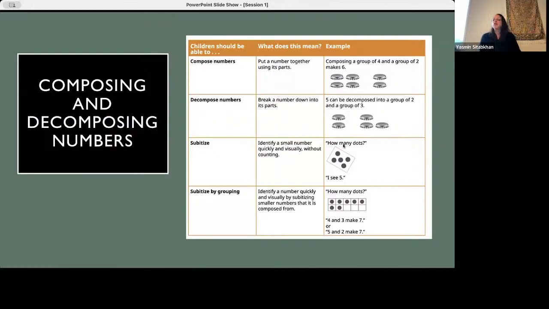So you haven't even introduced the ideas of putting together or taking apart, though kids probably know them. What you're really doing here is you're not introducing the symbols. You're not introducing anything abstract.